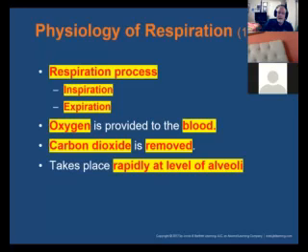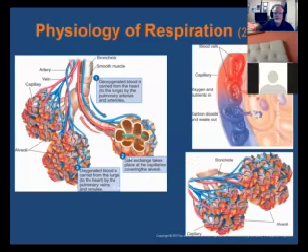If we're supplementing oxygen, we have lots of oxygen molecules, and as those red blood cells come through with empty hemoglobin, then an oxygen molecule can jump on or attach to one of those hemoglobin molecules on the red blood cell.